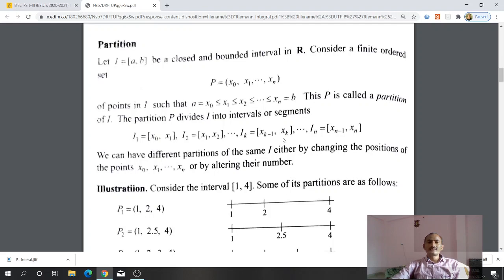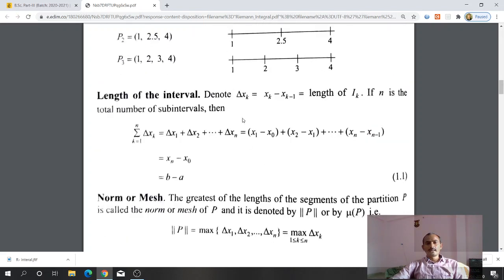The length for Ik is the difference of the last element and the first element, so this is xk minus xk minus 1, and we denote this difference as delta xk.